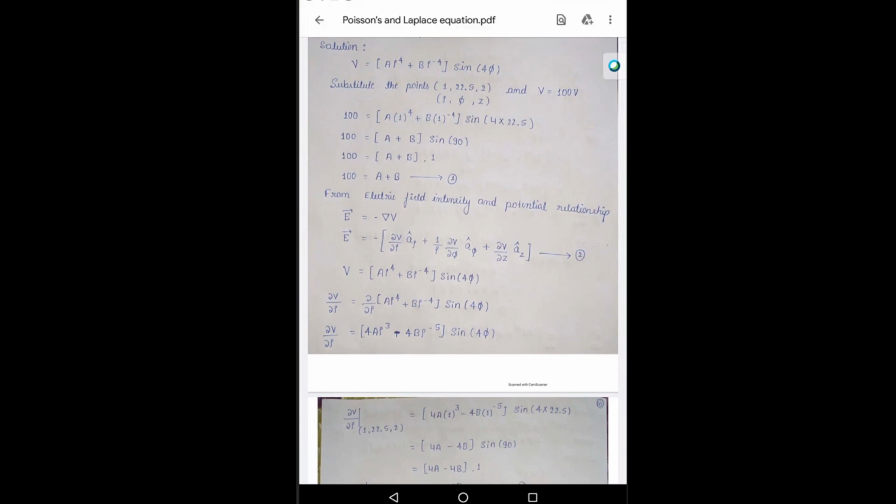And whether potentials in Cartesian, cylindrical and spherical satisfy the Laplace equation, we proved for all three. Then in the last two problems, we discussed that if they give the potential and electric field, how do we calculate the constants A and B in the given problem? We have done it in cylindrical as well as spherical form.